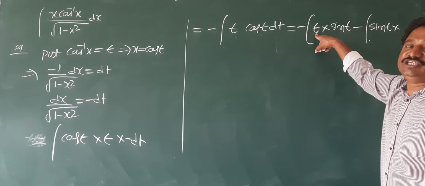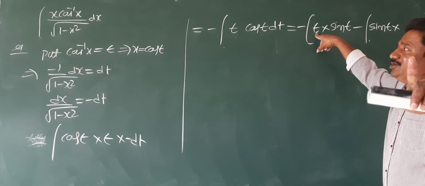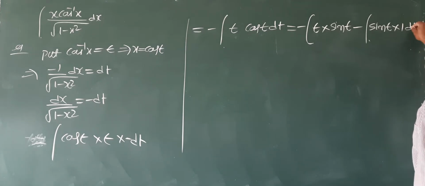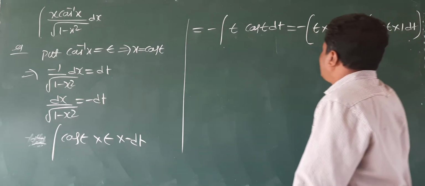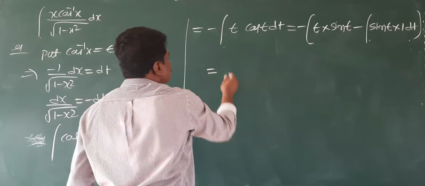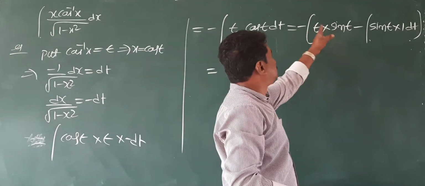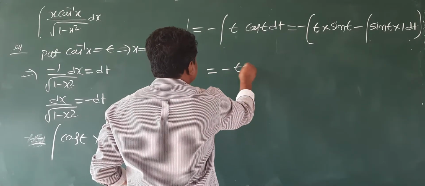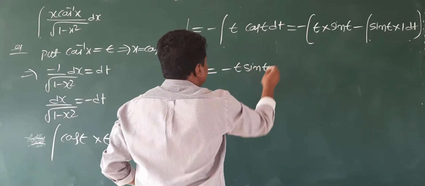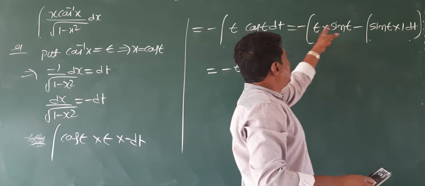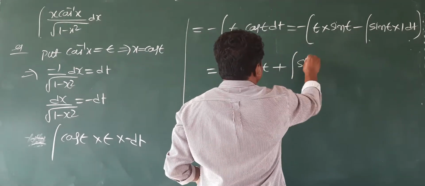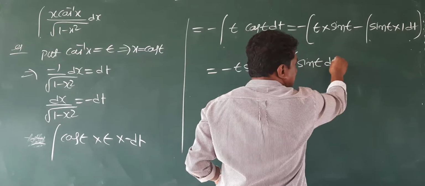Differentiation of t with respect to t is 1. So 1 into dt. Multiply by minus. Minus into plus, minus. So minus t sin t, minus into minus is plus, so integration of sin t dt.